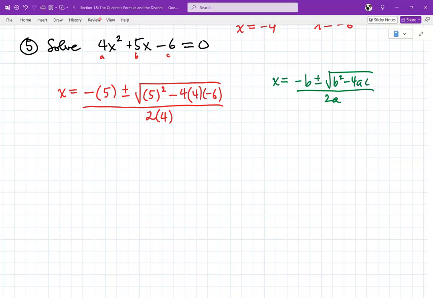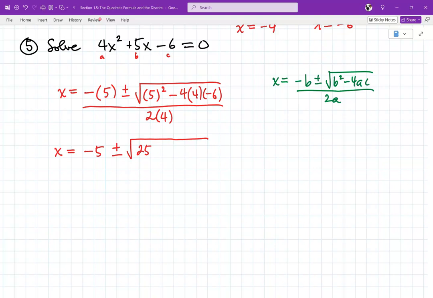All right, now we're going to clean this up. Like I said, this is the hard part, because you got to be careful. Minus of 5, so that's negative 5, plus or minus the square root of 5 squared, that's 25. Okay, negative 4 times 4 is negative 16.